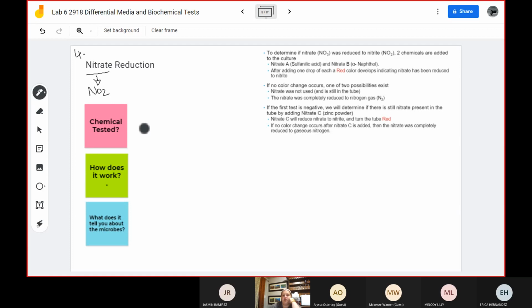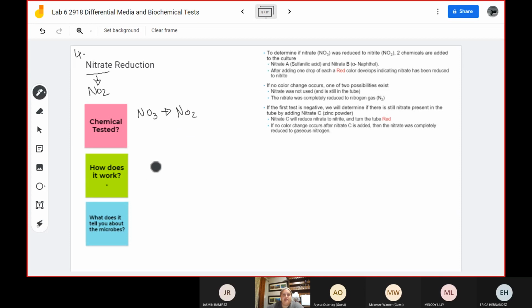So the chemical that we're testing for in this particular situation, we're testing for the degradation of nitrate, or the reduction of NO3 to NO2, and whether or not this is occurring by the bacteria.